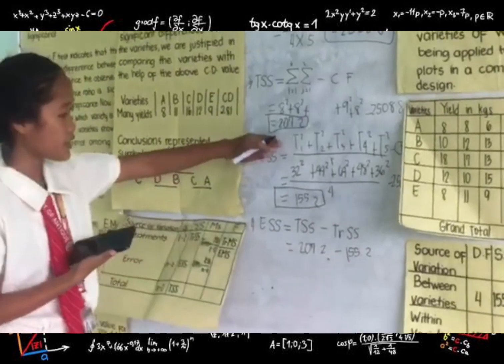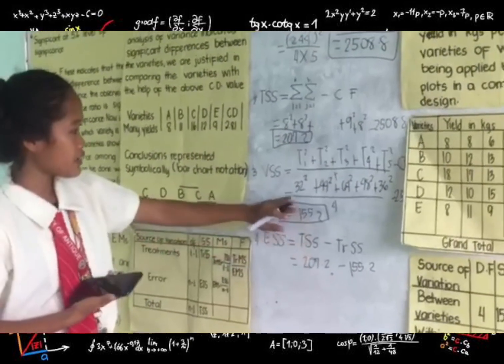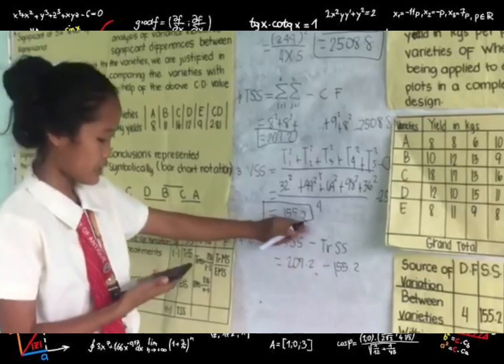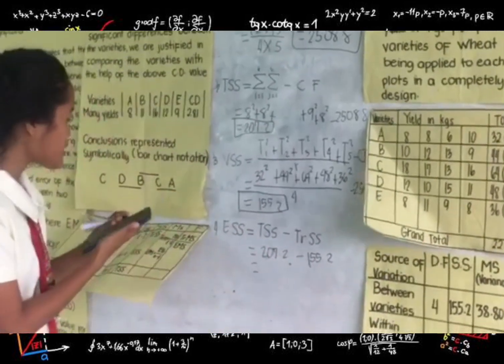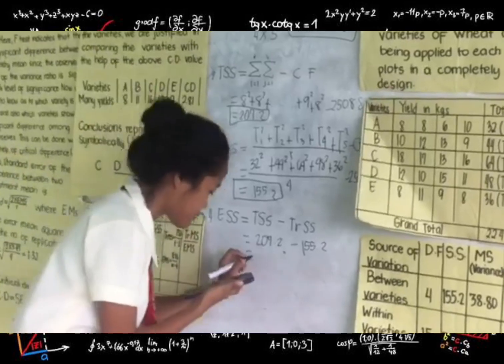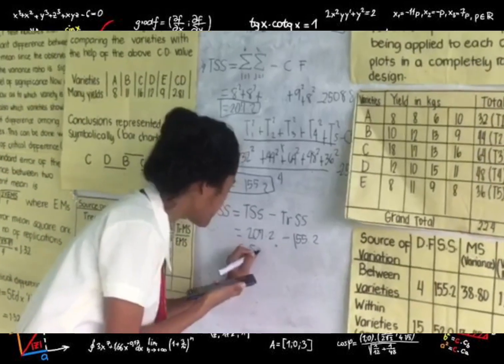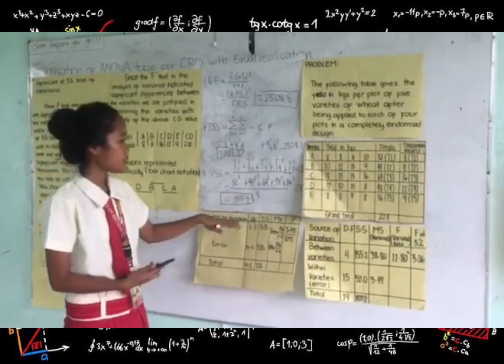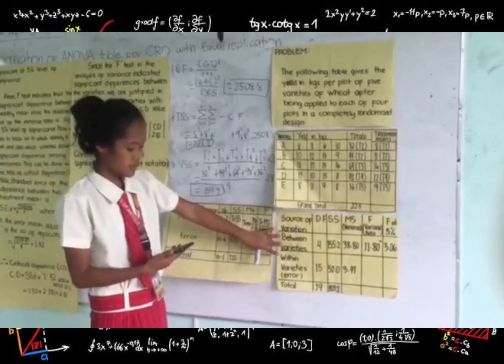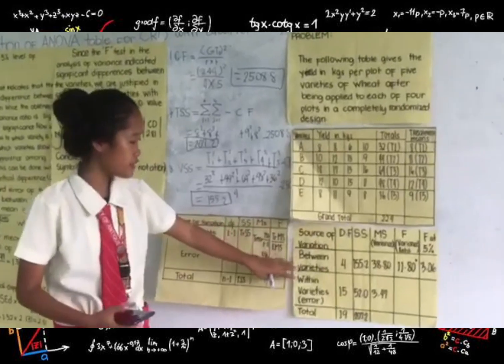So our error sum of squares will be 52.0. After we analyze, we put our data in the table for analysis of variance.